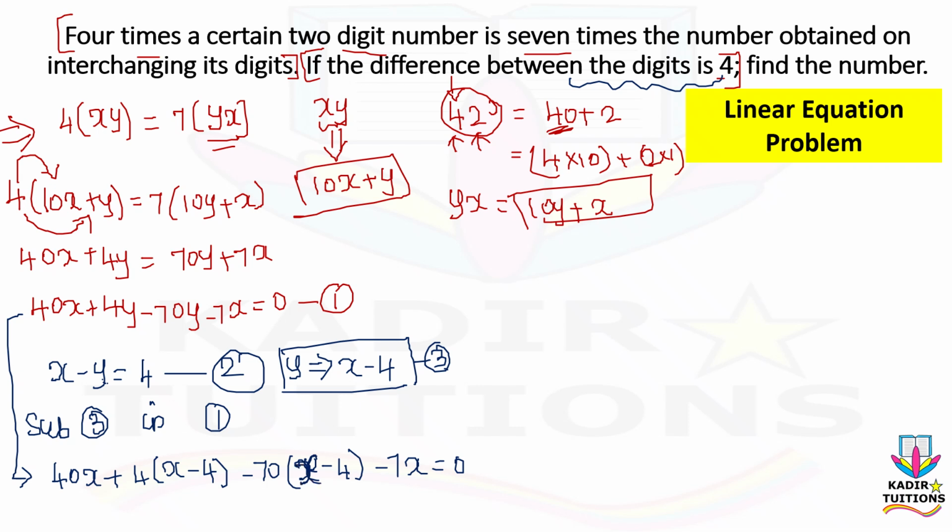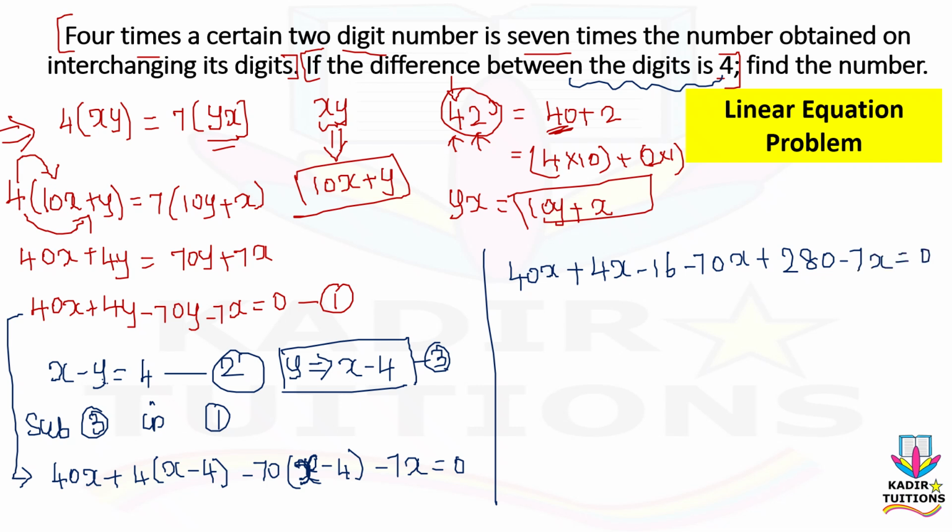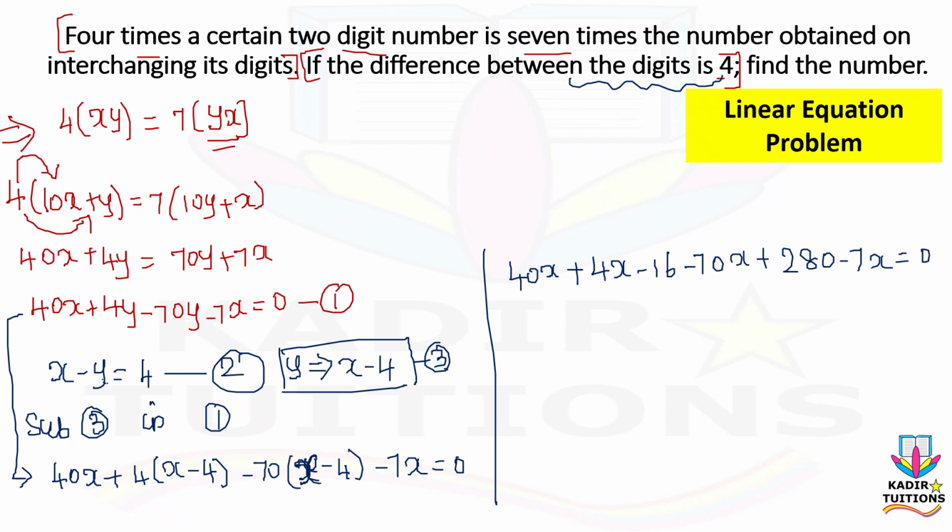Now we will simplify this. 40x plus, this 4 you have to multiply for both, so this is going to be 4x minus 16, minus 70x plus 280, minus 7x equal to 0. Still we are going to simplify. Here 40x plus 4x will become 44x, and minus 70 minus 7 is going to become minus 77x, and still we have minus 16 and 280.